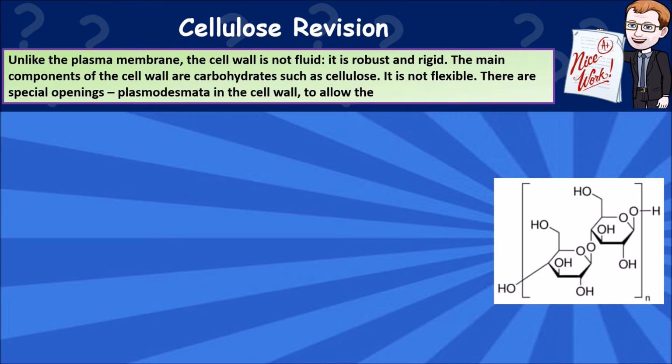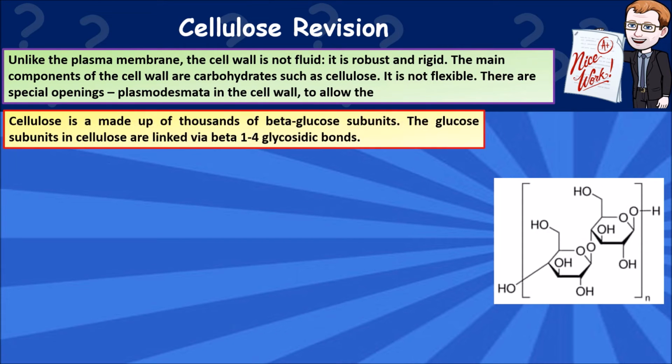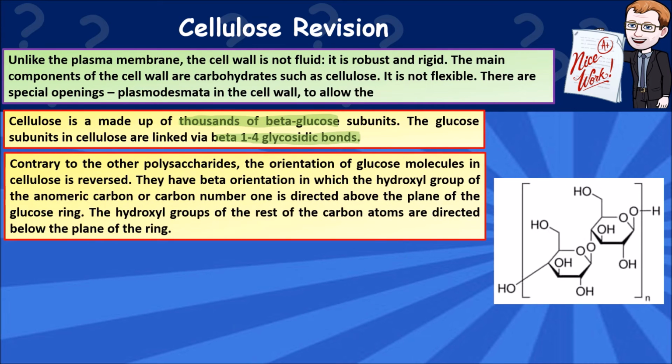When we look at cellulose, there are a few key things that we need to remember. Start off with cellulose being made up of 1,000 beta-glucose subunits, and they connect via a beta-1,4-glycosidic bond. Unlike other polysaccharides, the orientation of the glucose molecules in cellulose is reversed.